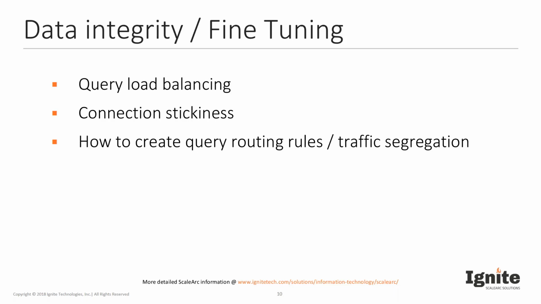Then connection stickiness, which is a very important rule, can allow you to have much greater utilization, a much greater spread of your load across your servers, if you can make the decision of how many queries after an update, write, insert or delete can be considered safe to load balance. And in environments where you have very low replication lag, this number does not need to be huge. And then I showed you how to define simple traffic segregation rules, query routing rules.